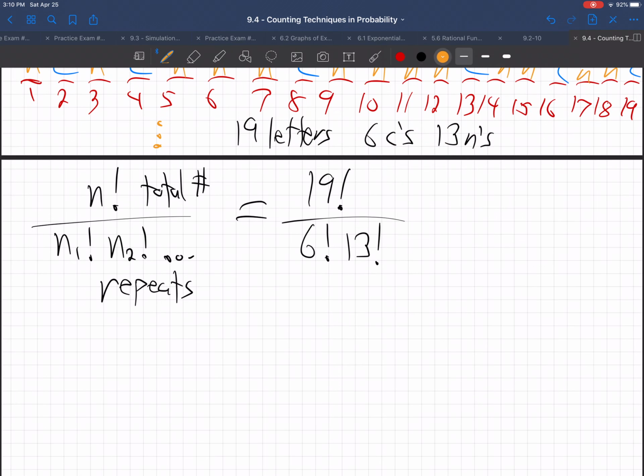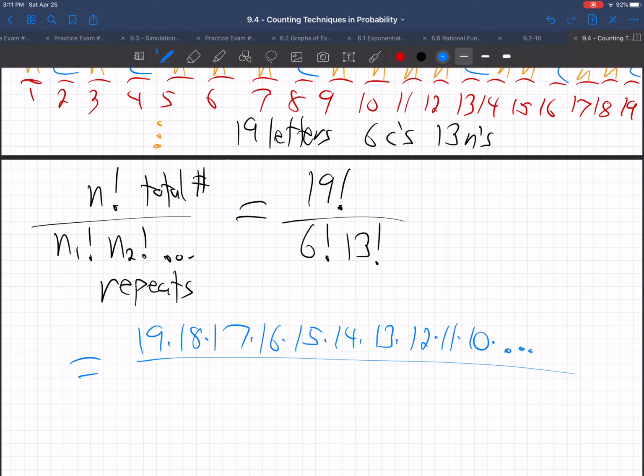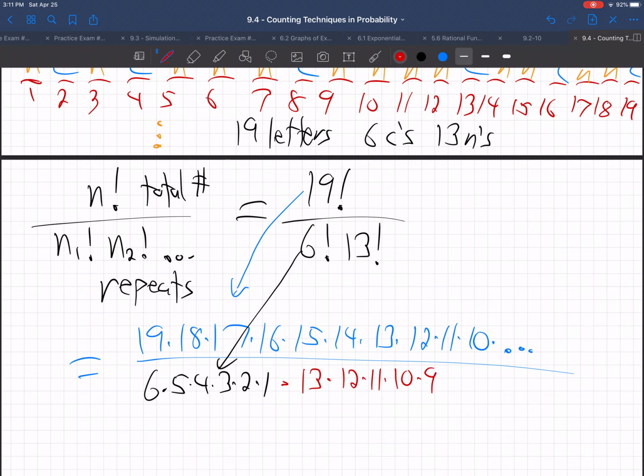So now let's simplify this. The top is going to be 19 times 18 times 17, 16, 15, 14, 13, 12, 11, 10, and so on. The bottom is going to be 6 factorial, 6, 5, 4, 3, 2, 1, and then times 13 factorial, which is 13, 12, 11, 10, 9.